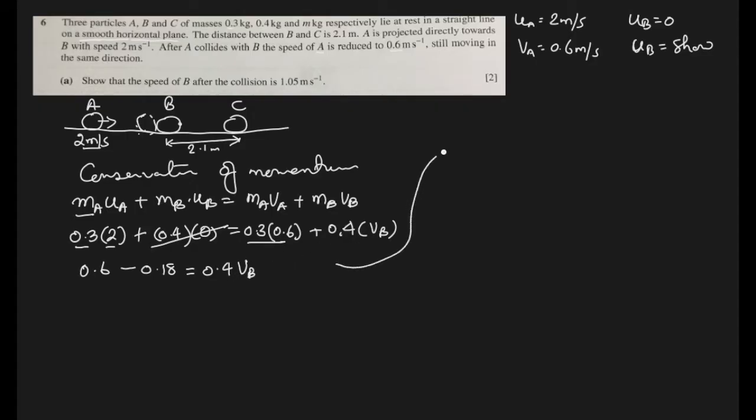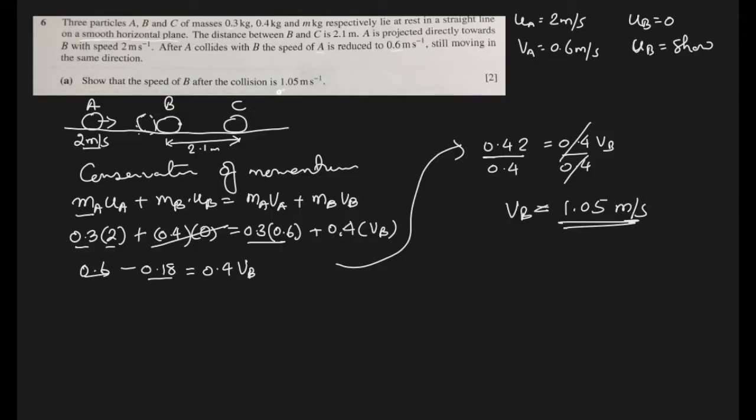So 0.6 minus 0.18 will be 0.42, and equal to 0.4 VB. Divide both sides by 0.4 and they cancel, VB comes out to be 0.42 divided by 0.4, which is 1.05 meters per second. That's what they were asking us to show.